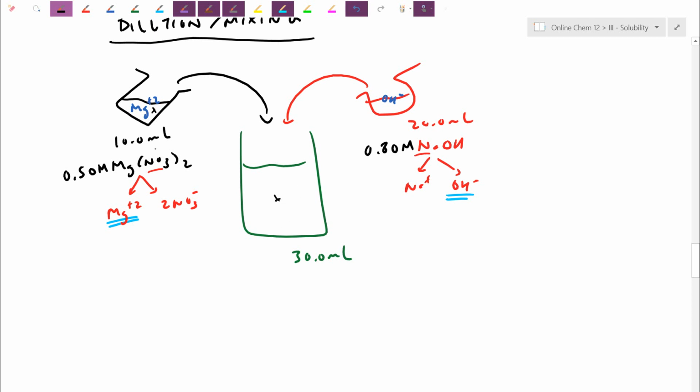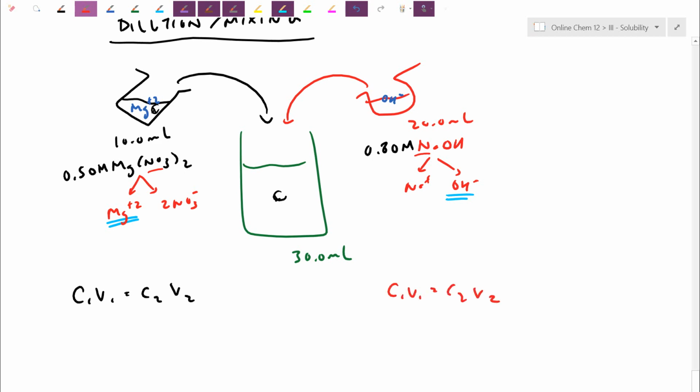The magnesium nitrate gets diluted, and the NaOH also gets diluted. So if you remember for a dilution formula, we do C1V1 equals C2V2. Basically, it counts the number of particles, and it says the number of swimmers are still going to be there. We're going to need to do a dilution calculation for the magnesium nitrate, as well as one more for the sodium hydroxide. C1V1 equals C2V2.